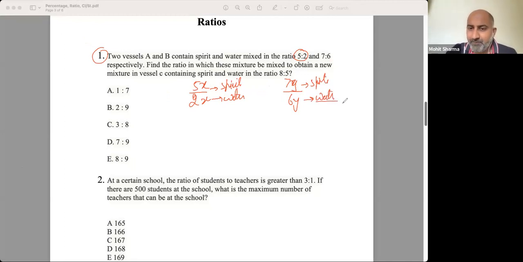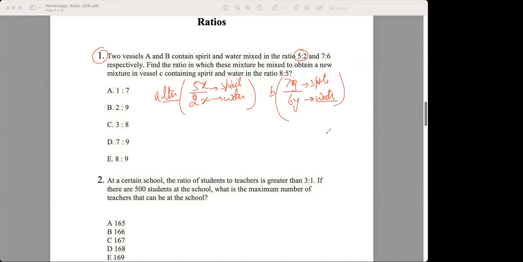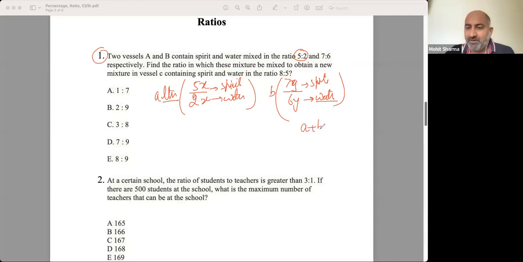Okay. So A liters of this and B liters of this, let's say. Understood? Yes, sir. Okay. What would we get? A plus B liters of 8/5.